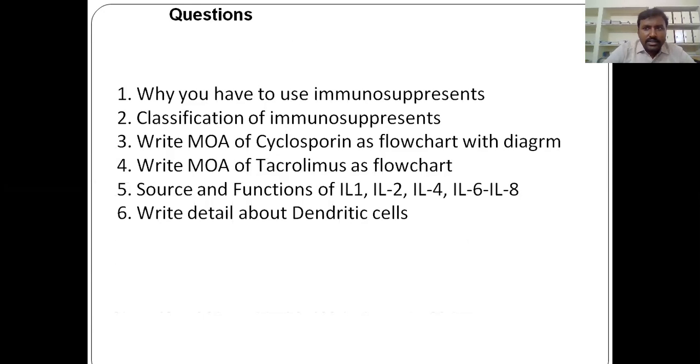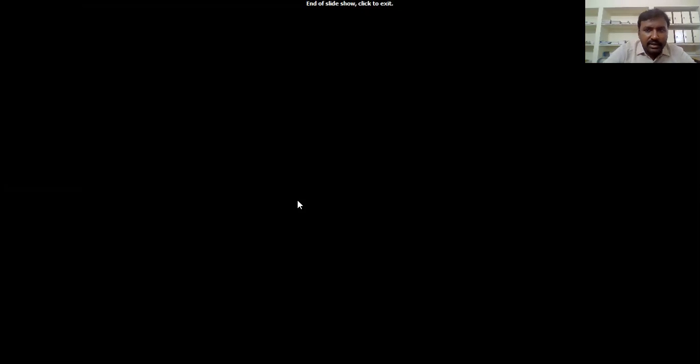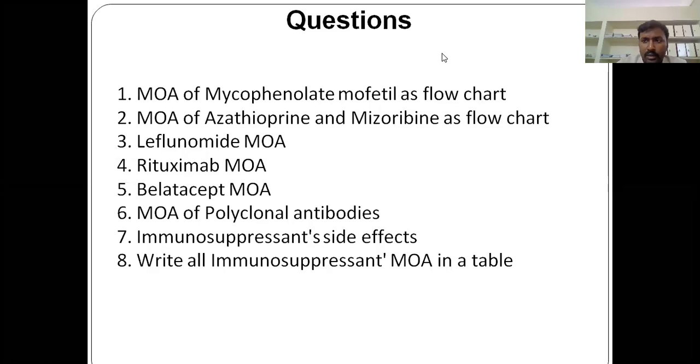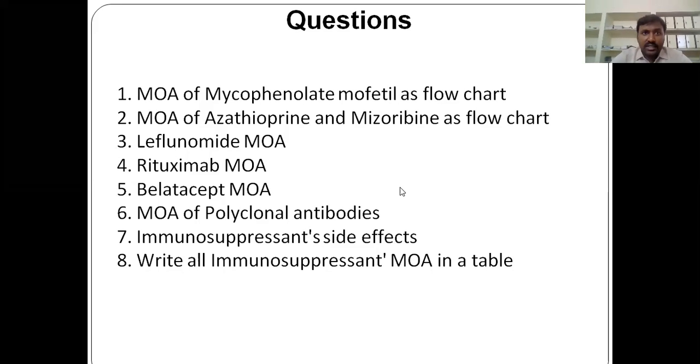So these are the last week's questions that I gave. Again I can give a few more questions. Okay, students, these are the questions for this session. Mechanism of action of mycophenolate mofetil as a flowchart.